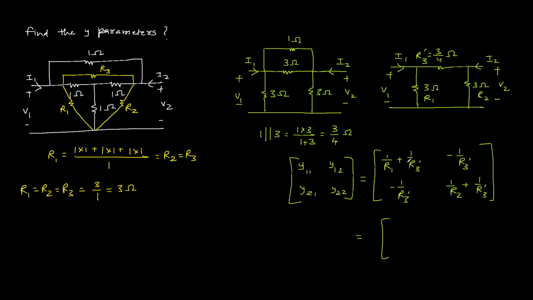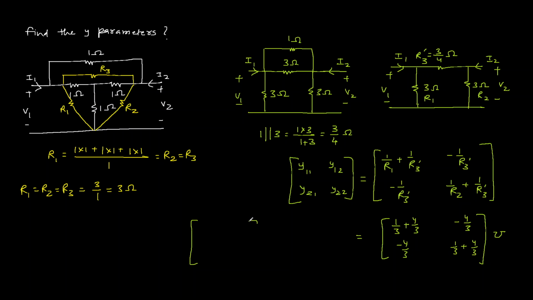Now this is 1 over 3 plus 4 over 3, and then minus 4 over 3, minus 4 over 3, and then finally y22 is 1 over 3 plus 4 over 3. Unit is mho.